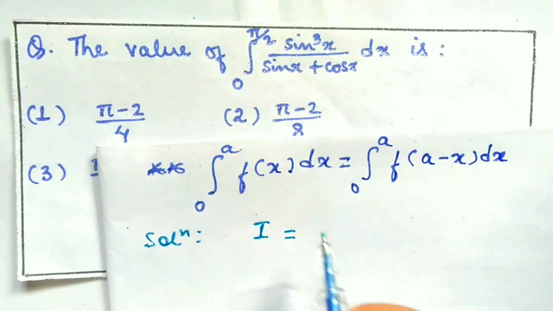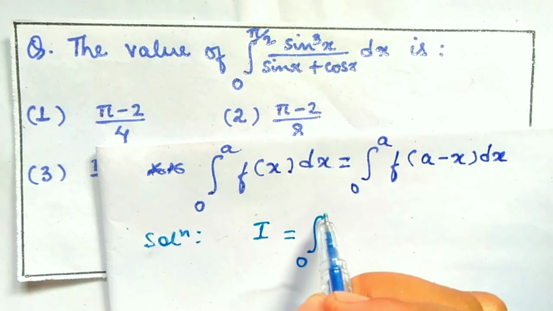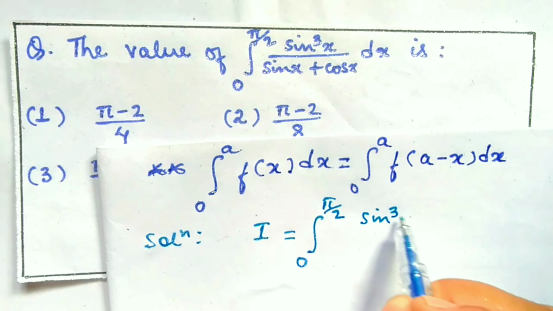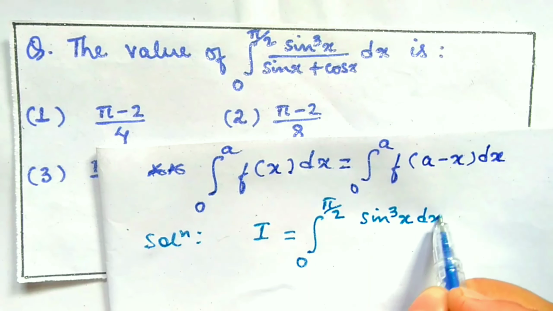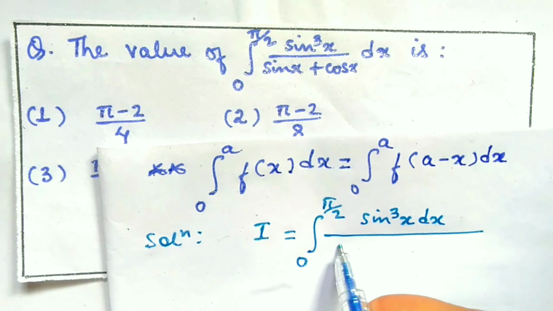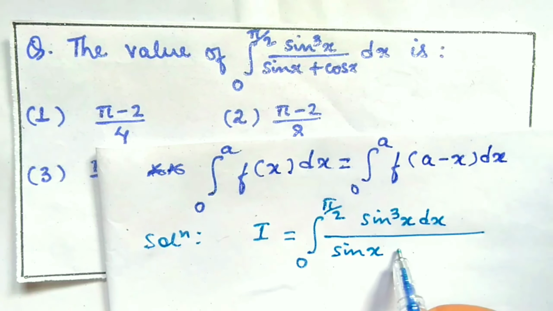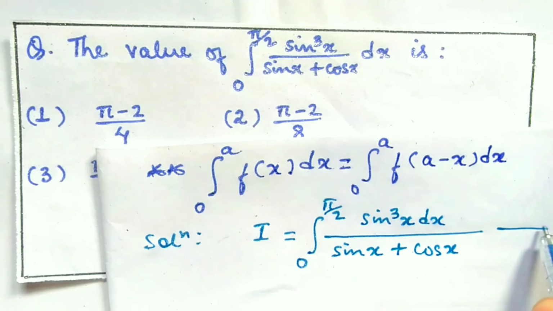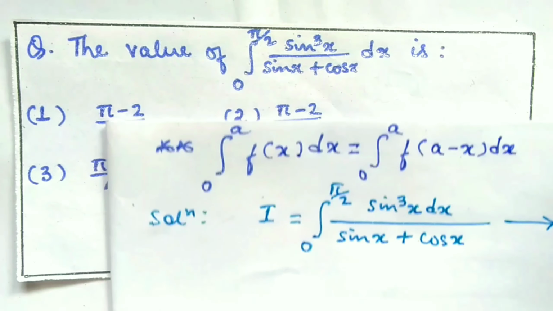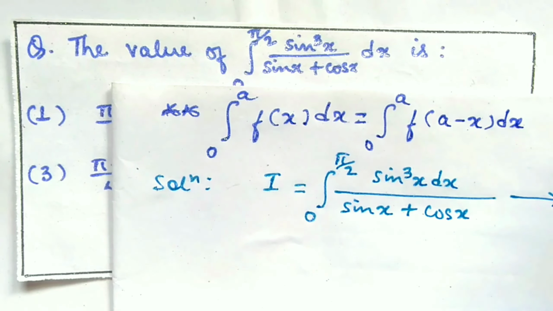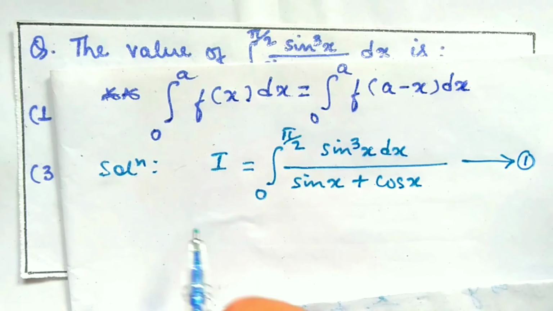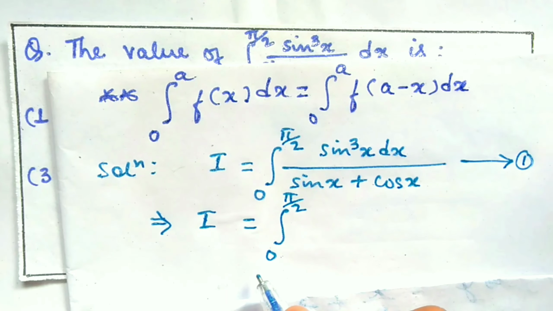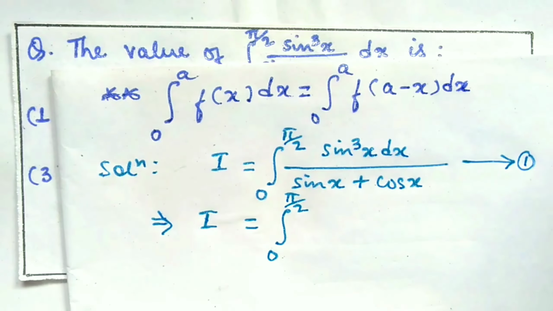Integral I is equal to integration from 0 to pi by 2 sine cube x dx divided by sine x plus cos x. We mark this one as equation 1. This implies integral I is equal to, now use this property.